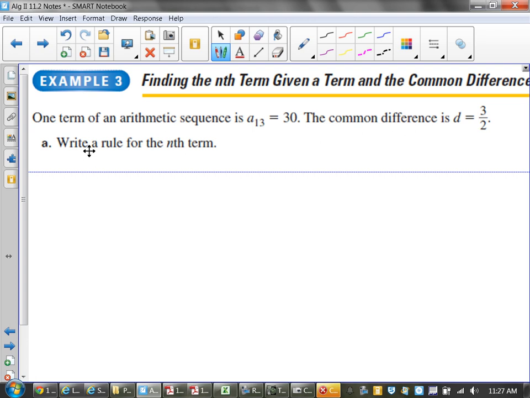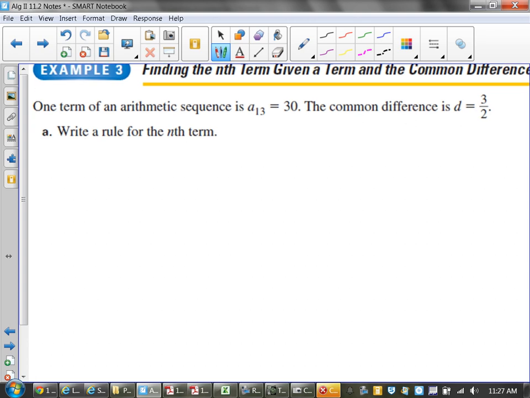So again, what we want to do here is we always start these problems out by writing out what we know. Well, I know that the nth term is going to be the first term plus n minus 1 times my difference. In this case, I know what the 13th term is.